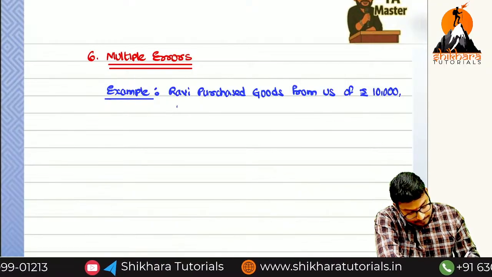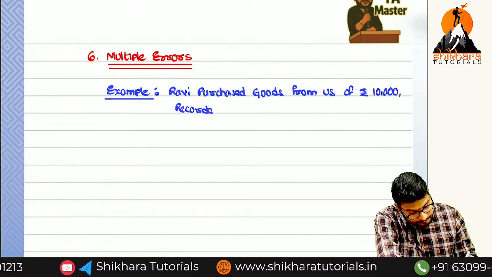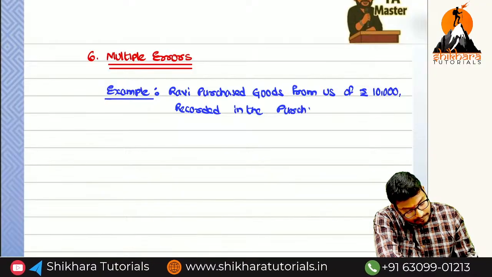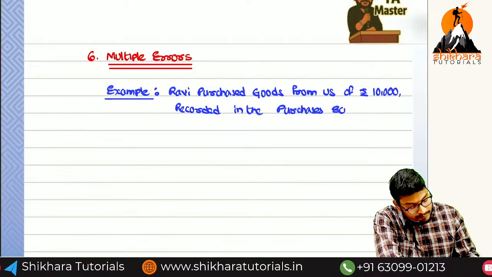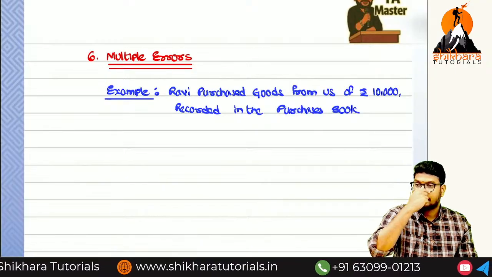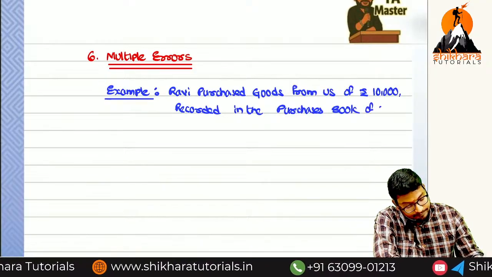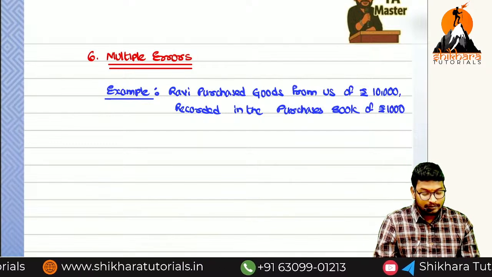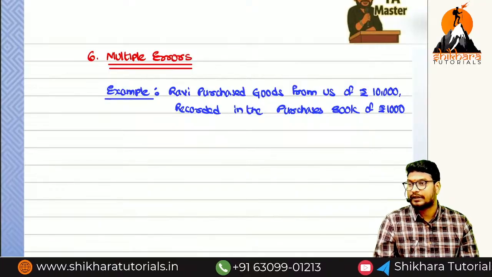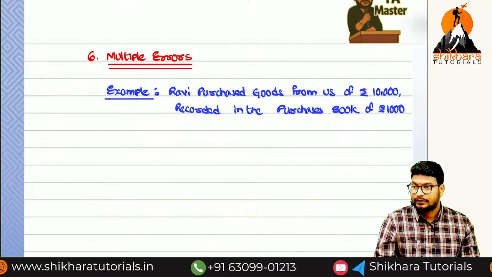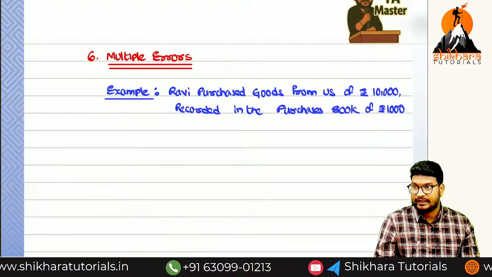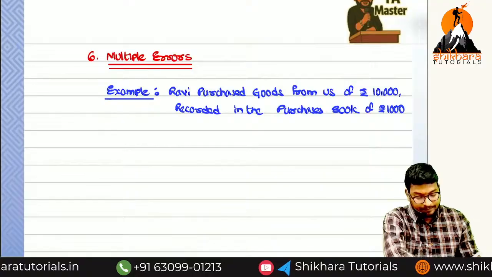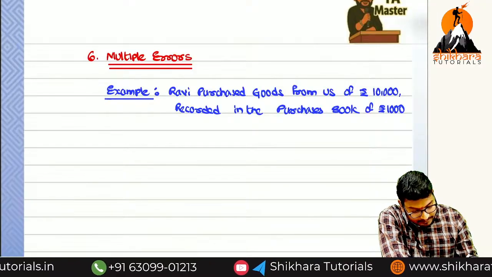Recorded in the purchase book of rupees how much, ma? 1,000. What is the wrong journal entry they have recorded? Purchase account debited to Ravi account, amount 1,000 and 1,000. You have to cancel that one, na? Okay. First write the wrong journal entry.